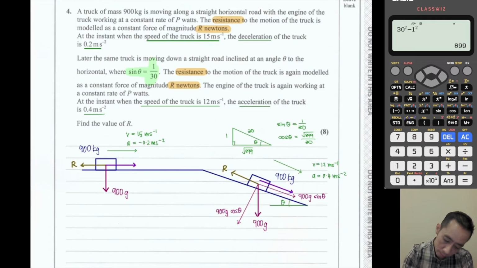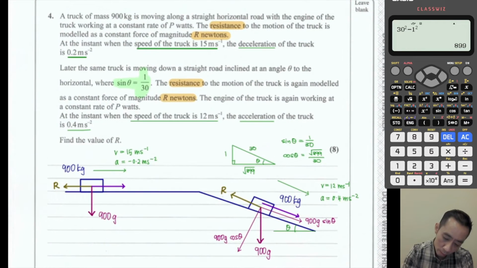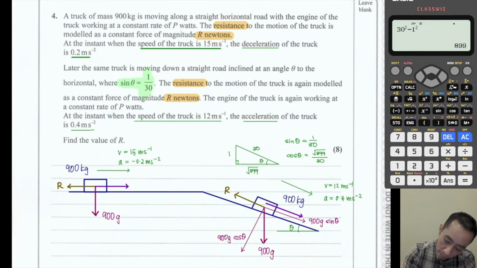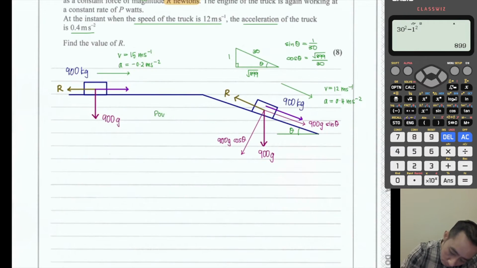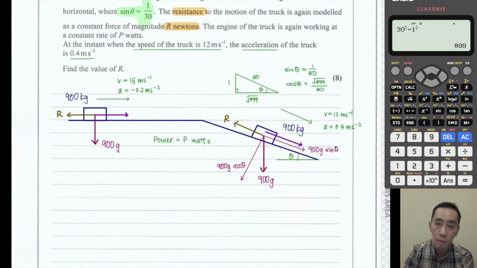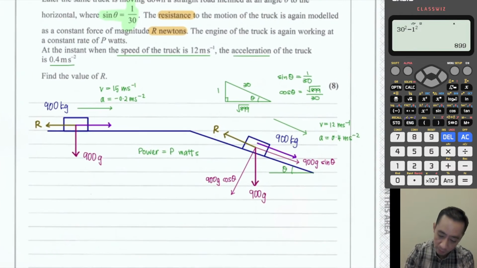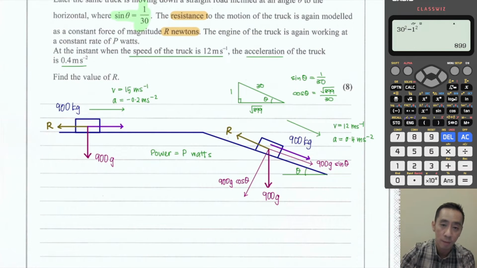So here I have roughly put in all the information, and the engine is working at a constant rate, so the power of the engine is P watts. Now I have all the information drawn in the diagram.